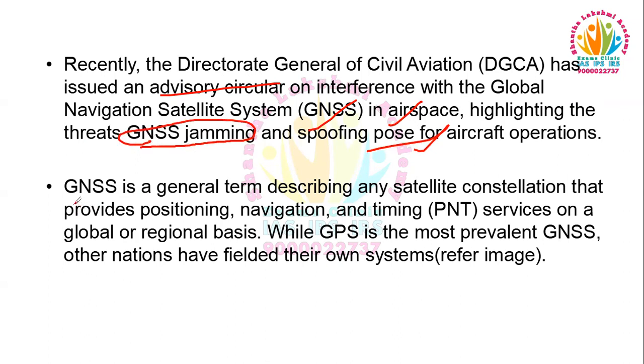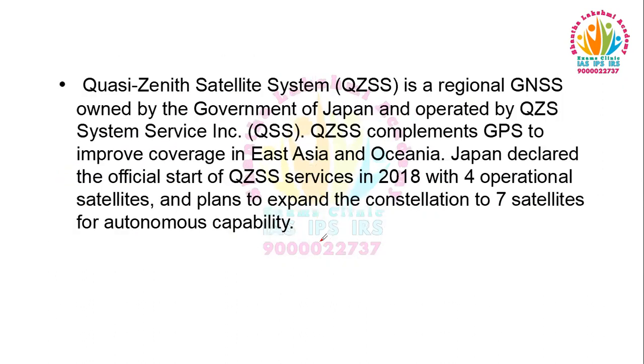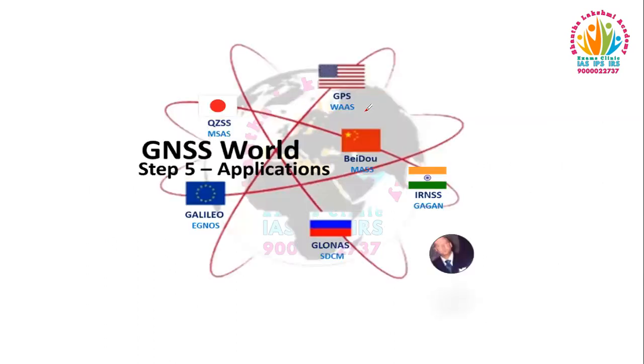So global navigation satellite system is nothing but a satellite constellation that provides position, navigation, timing services on a global and regional basis. GPS is the most prevalent global navigation satellite system. Then we have quasi-zenith satellite system, which is owned by the government of Japan. So these were some of the global navigation satellite systems that are present across the world.